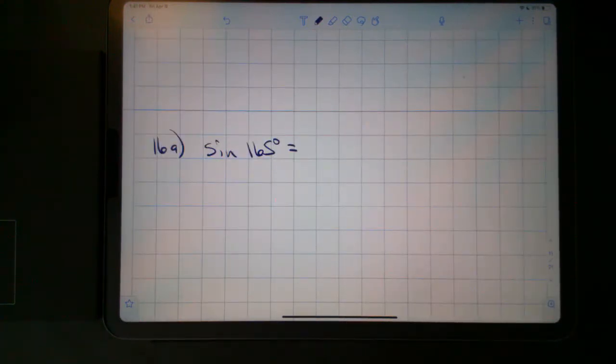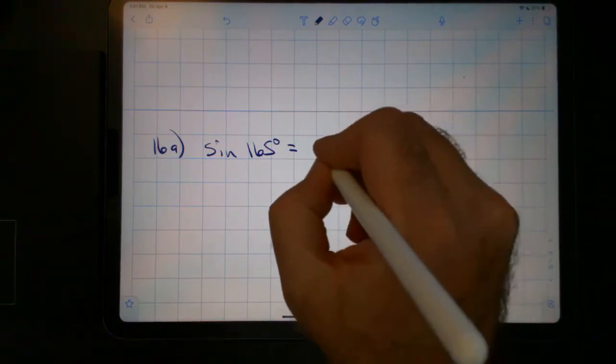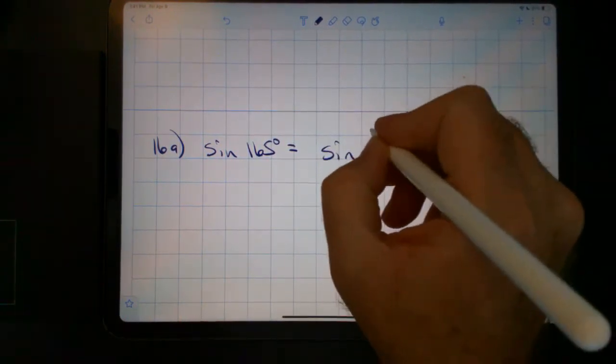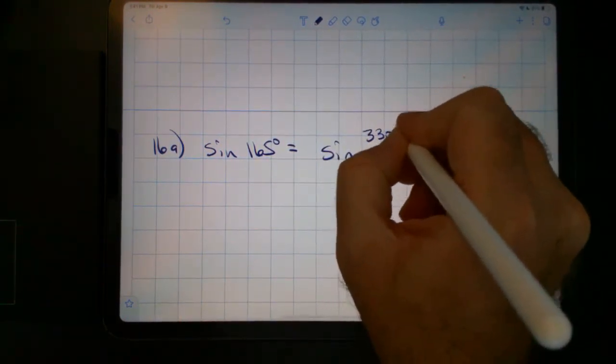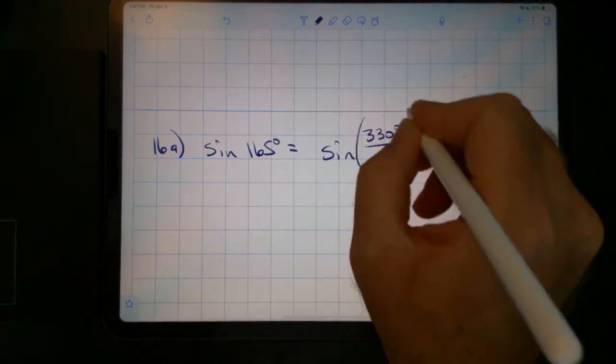Sine of 165 degrees. So this is probably a half angle. So this is sine of 330 degrees divided by 2.